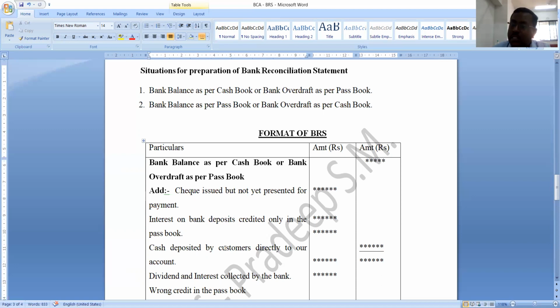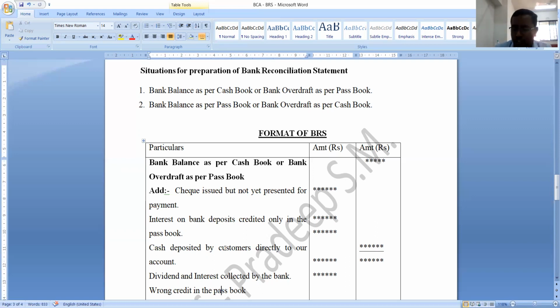Bank balance as per cash book and bank overdraft as per passbook are similar kinds of situations. You need to follow the same logic in order to find out the other figure. If they give bank balance as per cash book, you need to find out bank balance as per passbook. If they give bank overdraft as per passbook, you need to find out bank overdraft as per cash book.